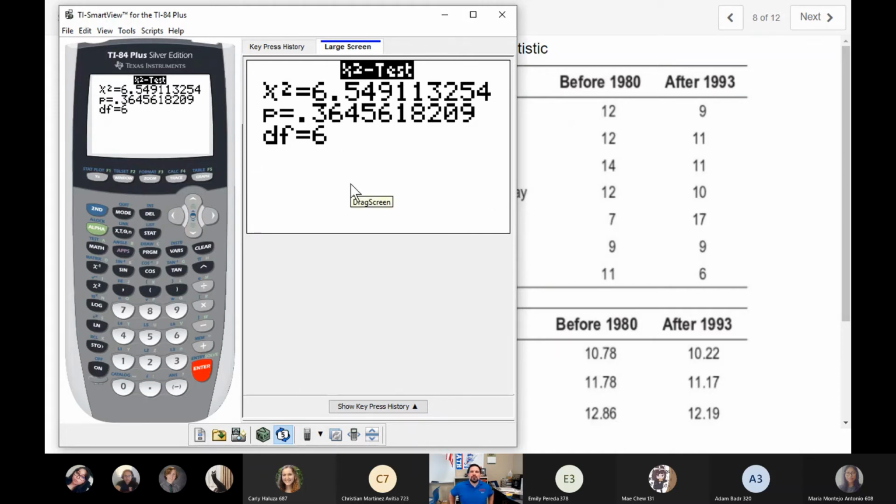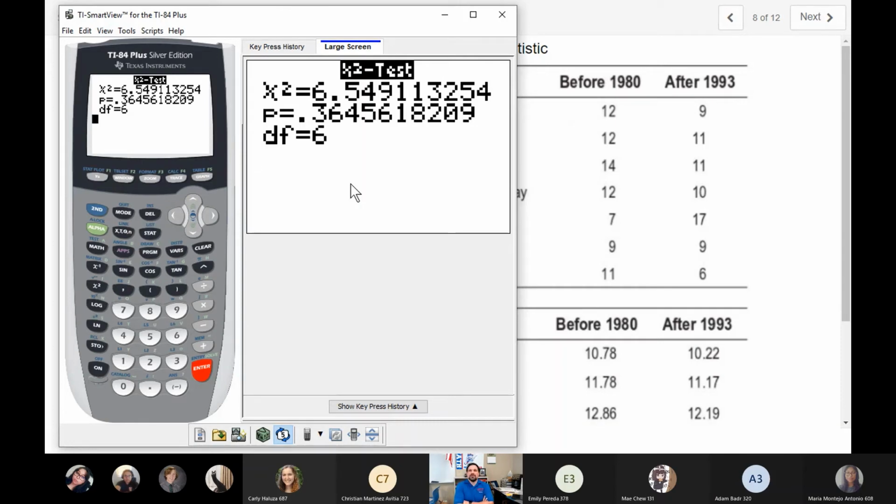And there we go. We have our chi-squared statistic at 6.5491199. We will round that as requested to 2 decimal places, 6.55. We have a p-value that's also been found, 0.36456, on and on. And we have degrees of freedom equaling 6.